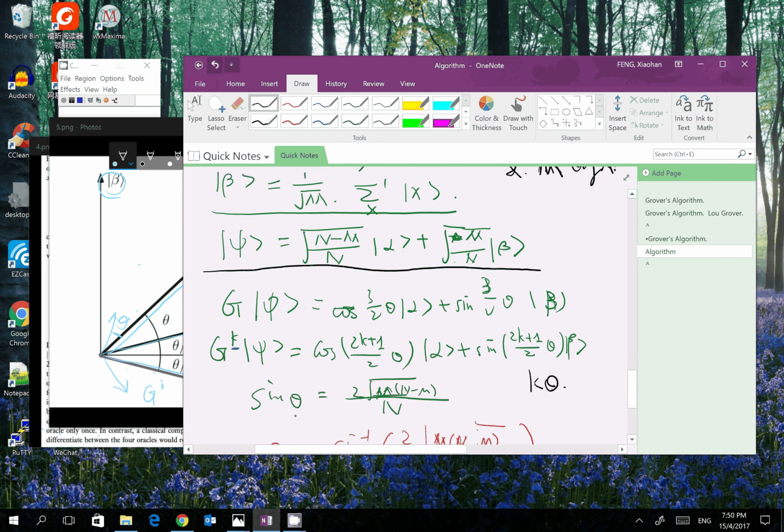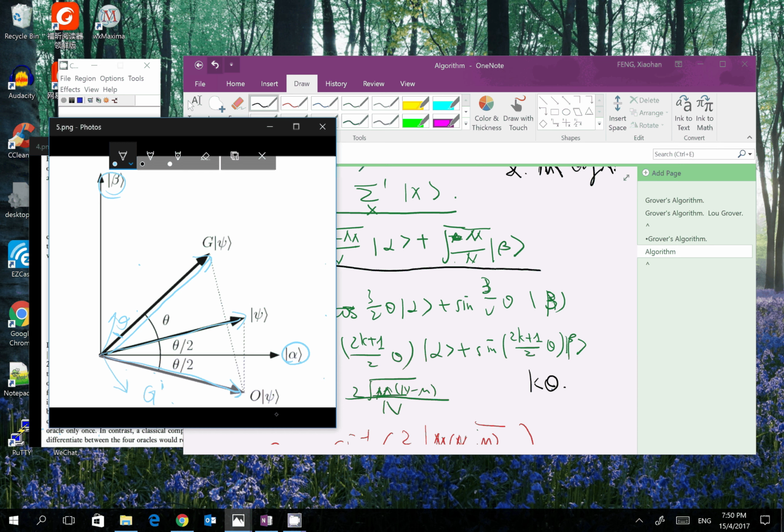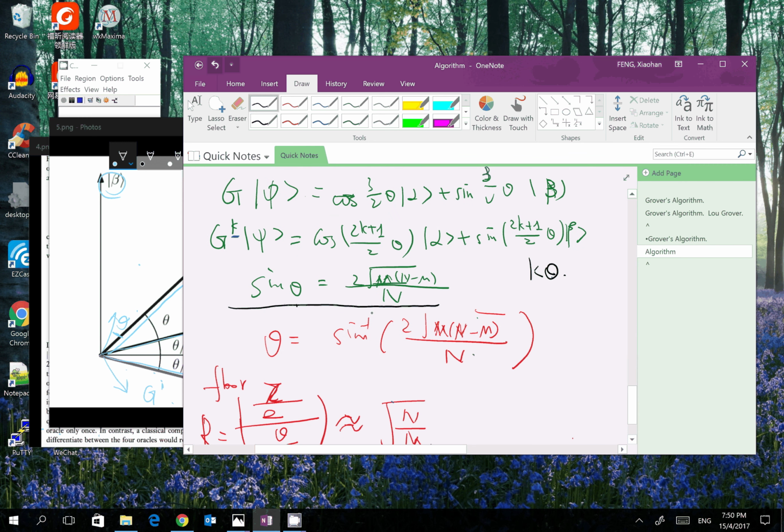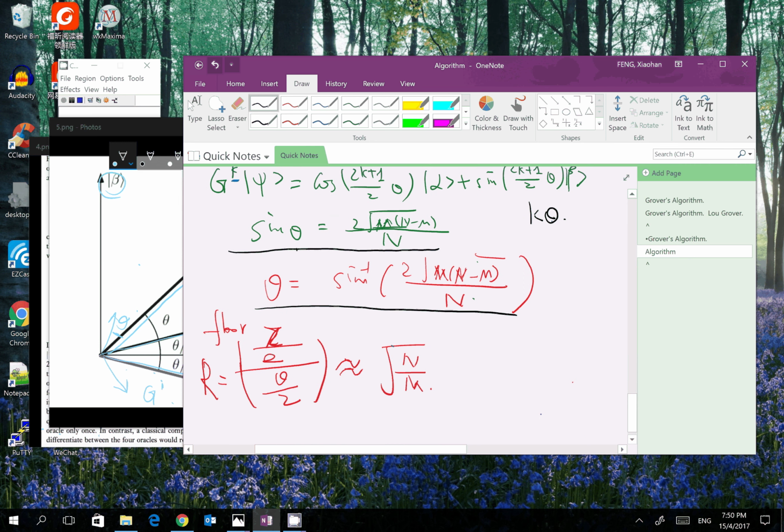Since we want the output to be as close as possible to beta, sin theta here is denoted by this term, 2 multiplied by the square root of m times n minus m, over n, and after the arcsine function we can get the magnitude of theta.